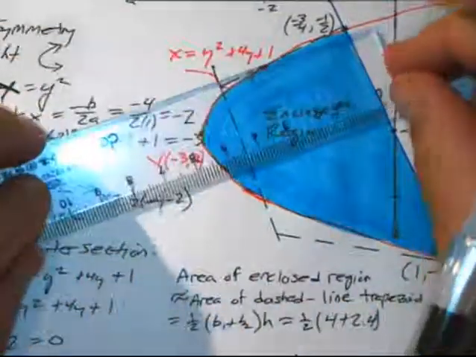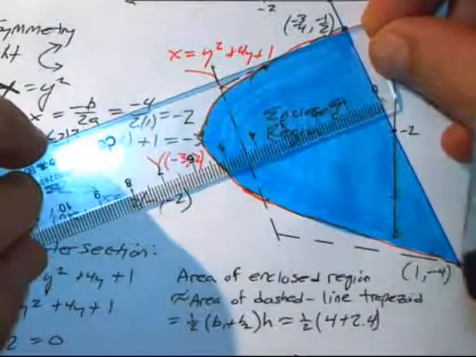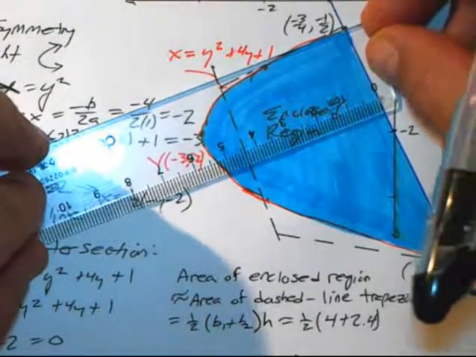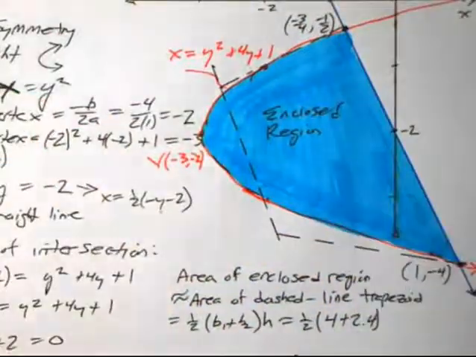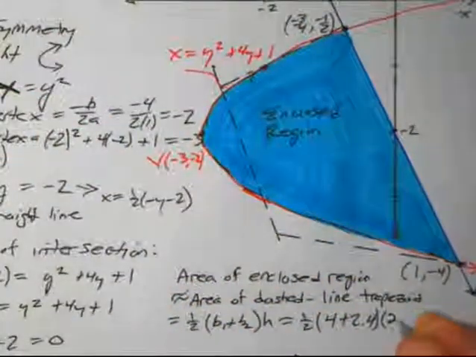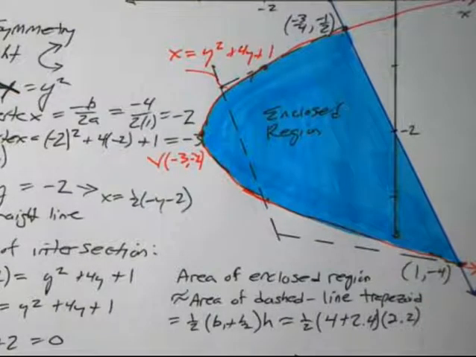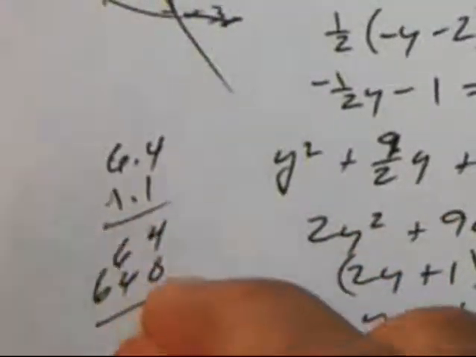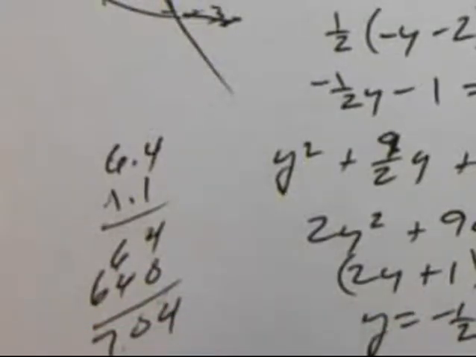The height or altitude of this looks to be about 4.4 centimeters, becomes 2.2 units. So then we have here 6.4, and half times 2.2 is easy to do in our head, that's 1.1. So a little scratch work. Okay, it looks like it's about 7.0 square units.